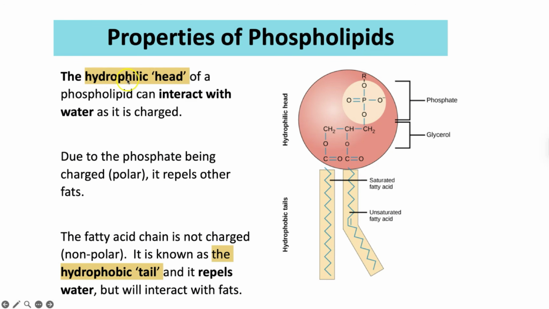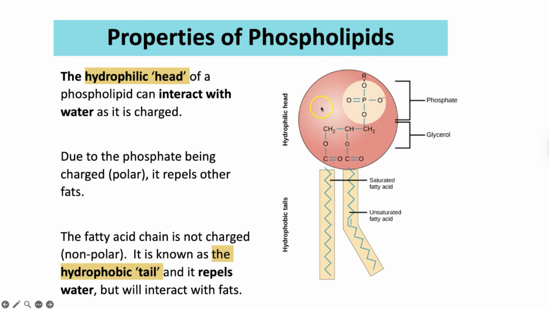Hydro meaning water. Philic literally means loving, but that's not what we mean in biology. Hydrophilic means that it can interact with water. It's not going to be repelled, instead it can interact. And that is because of this charge on that oxygen in the phosphate group that makes it polar, meaning it's got a charge, and therefore it's going to be able to interact with water, but polar molecules repel fats or lipids.